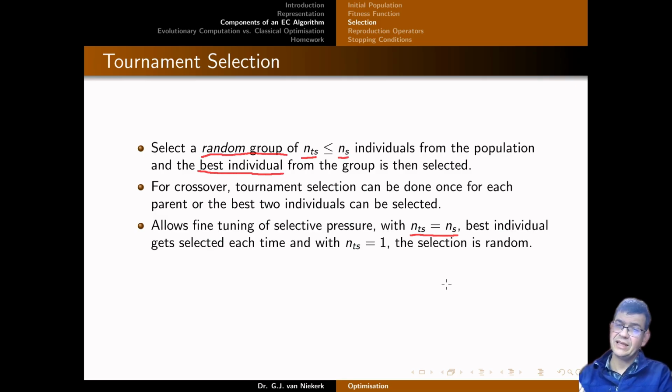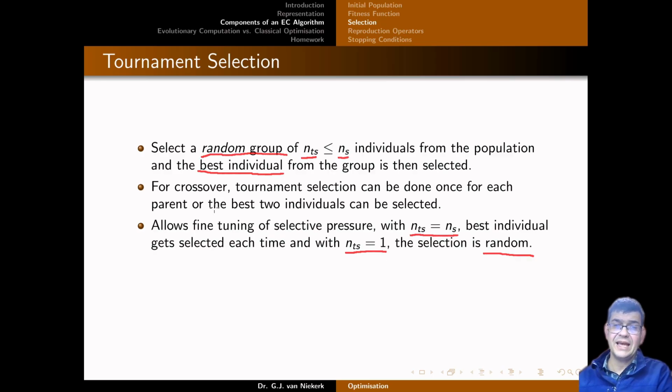You're choosing the individual with the best fitness every time. Or the other way is if NTS is equal to 1. So you just choose one random element, and from that group of one element, you choose the best, which is itself. That, of course, is completely random. And random has the least amount of selective pressure.